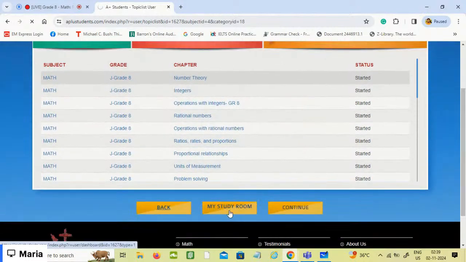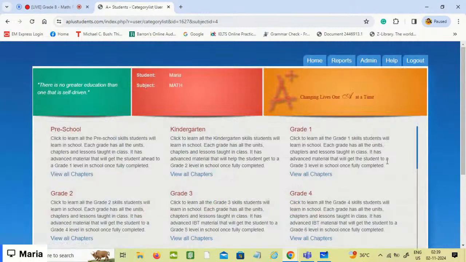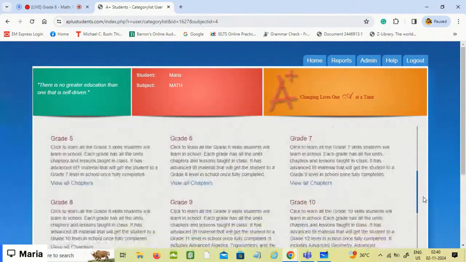If you need more help with any of the lessons, you can simply click on the live chat button. Tutors are available there to help you. Or you can write down the question in the chat box.